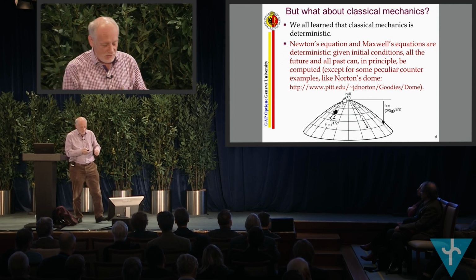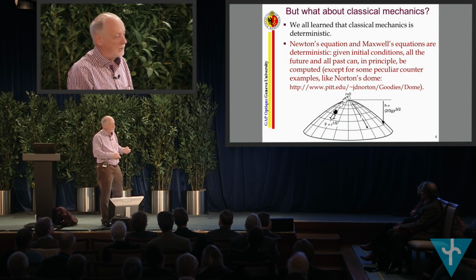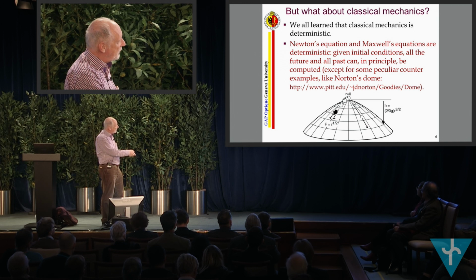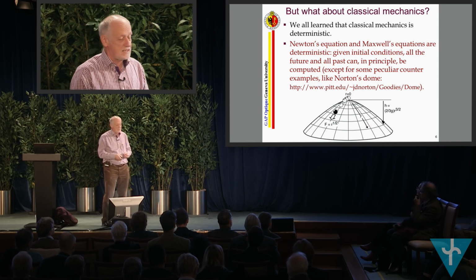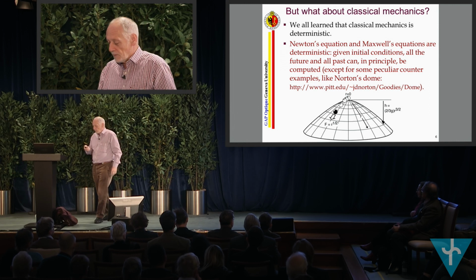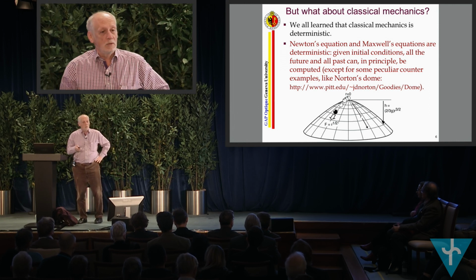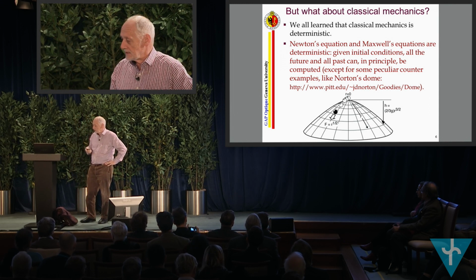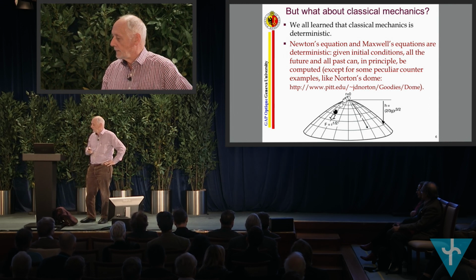But this is a very contrived example, so I think it's funny, but it's maybe not as deep as it may look, because you need to have very, very precisely this kind of shape in order to avoid the well-known theorems that tell you that Newton's equation plus initial condition guarantees a single solution.